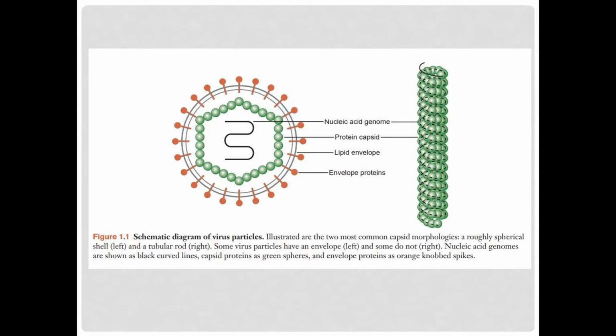Some viruses have an envelope, shown with the spherical on the left side and the tubular rod on the right side, and some do not. The nucleic acid genome I already told you about, with capsid proteins as green spheres and envelope proteins as orange knob spikes.